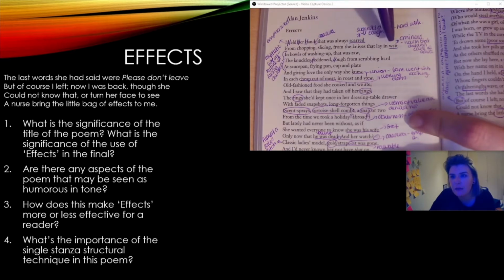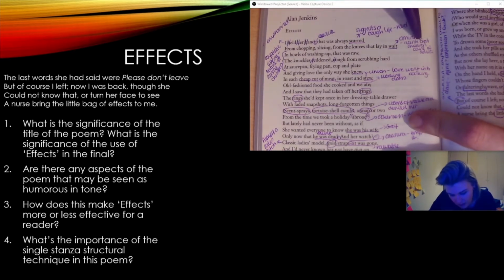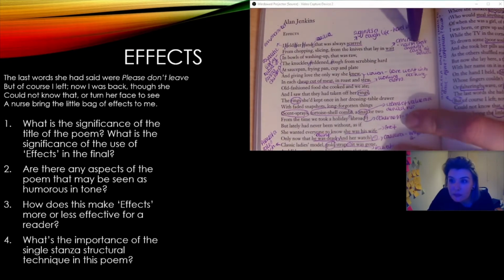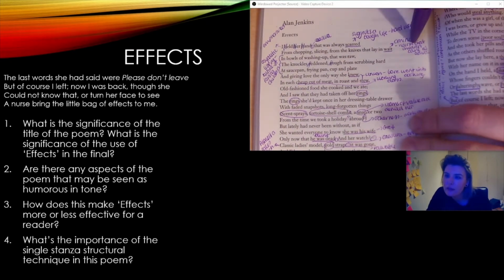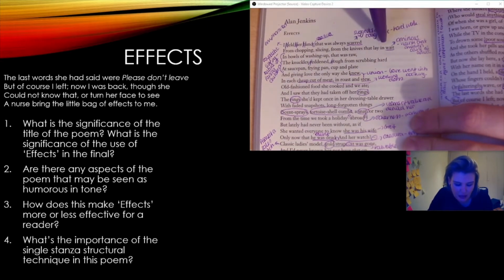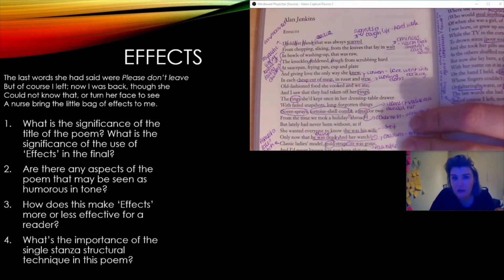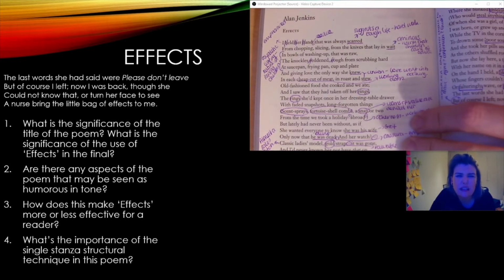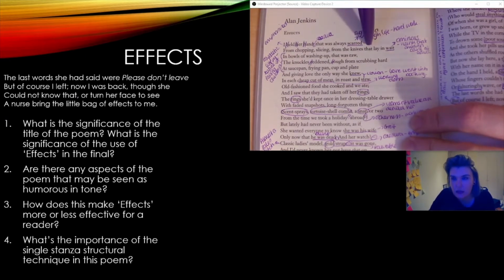"From the knives that lay in wait," quite an ominous tone there, so harm maybe that potentially we cause as adults, maybe a link there to the neglect that her son feels that he inflicted on her as he was older, and maybe wasn't there for her as much as he should have been. So it's quite an ominous line though.